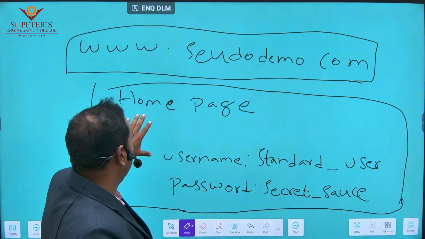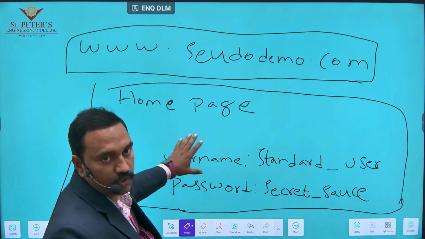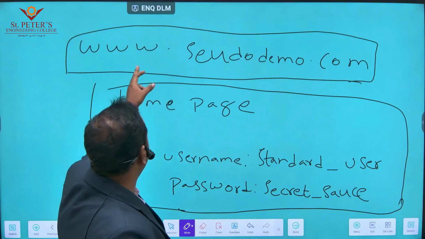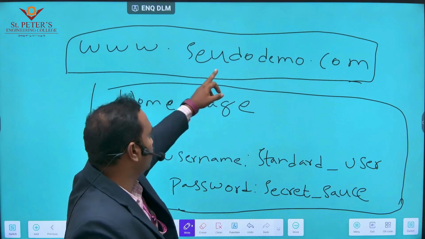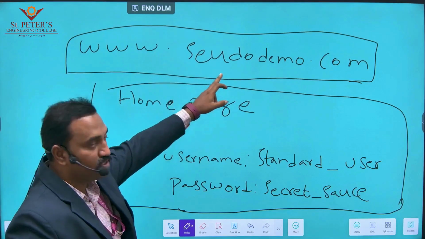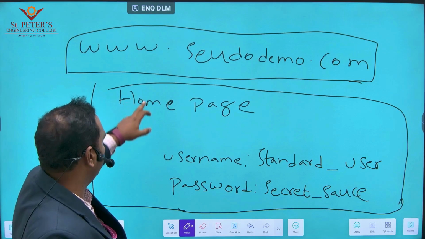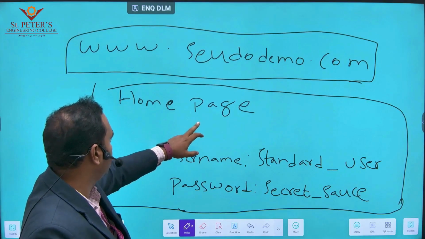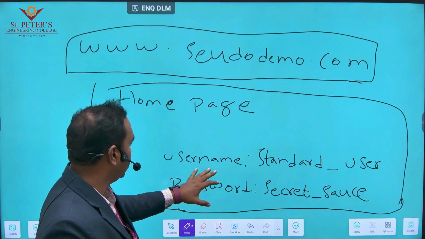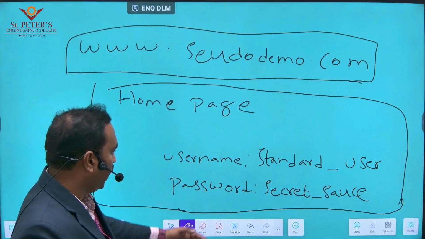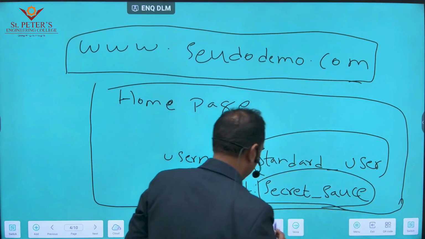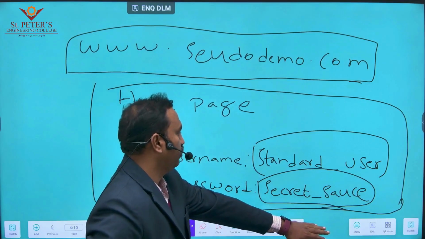Suppose you want to test this application manually. We have to go to Google Chrome or any other browser and enter this website. After entering the website, this login page will be displayed, with username and password.